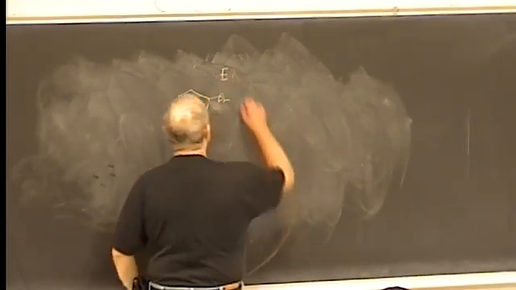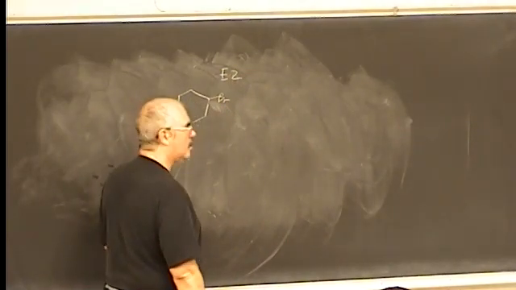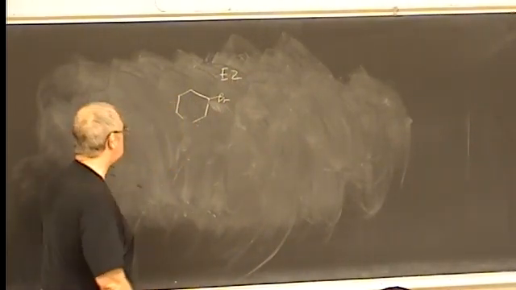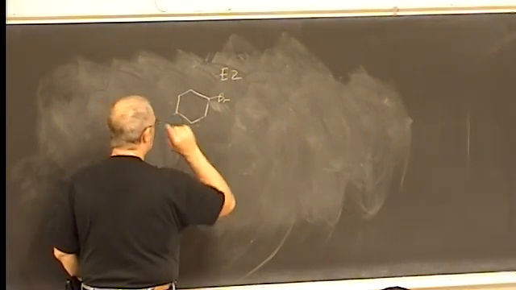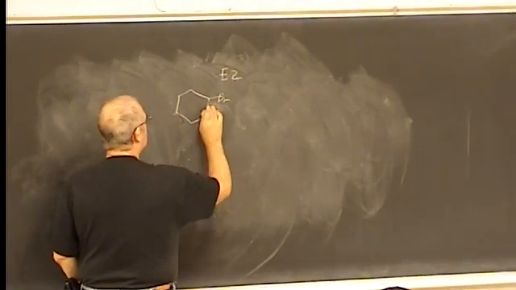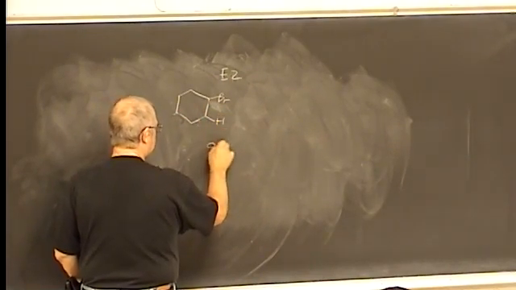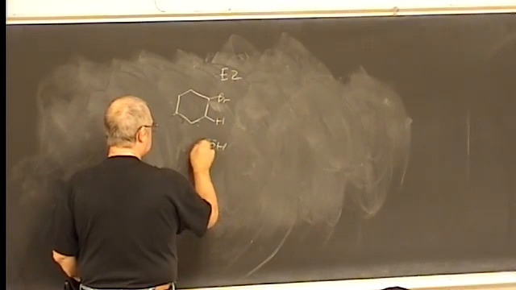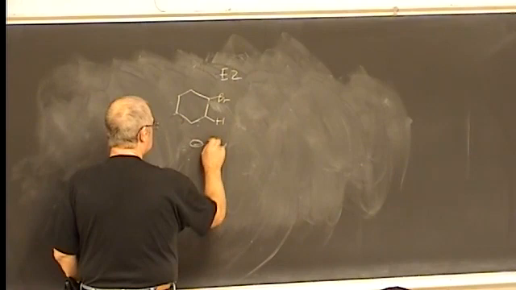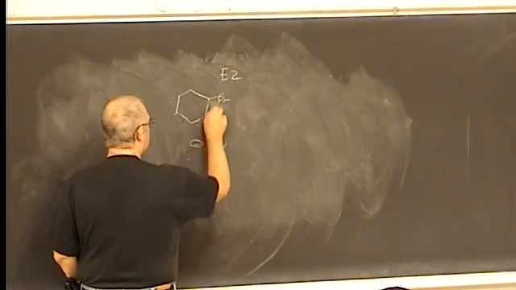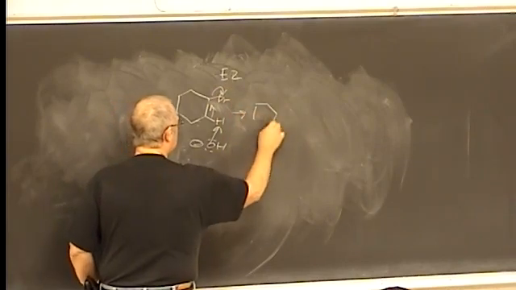Okay, E2 takes place all in one step. So in the E2, we need a strong base. The base takes the beta hydrogen, we form the double bond, we kick out the leaving group all in one step.